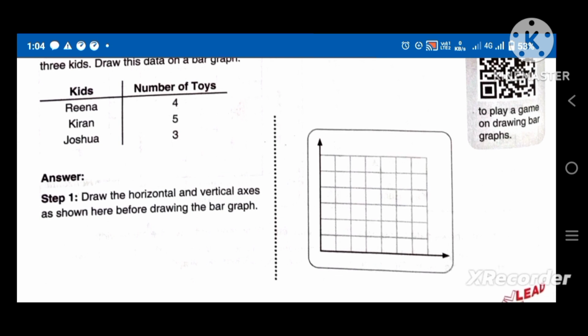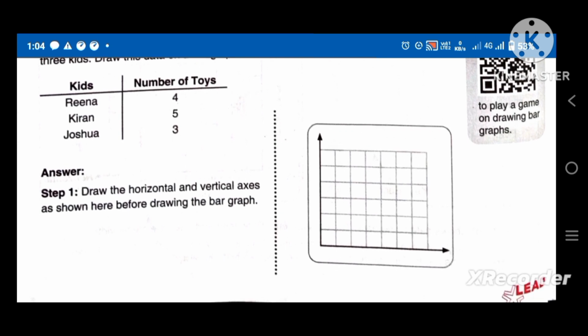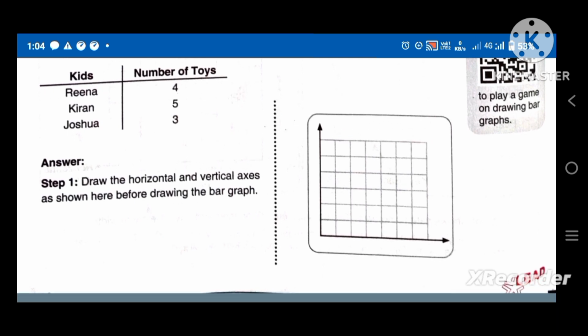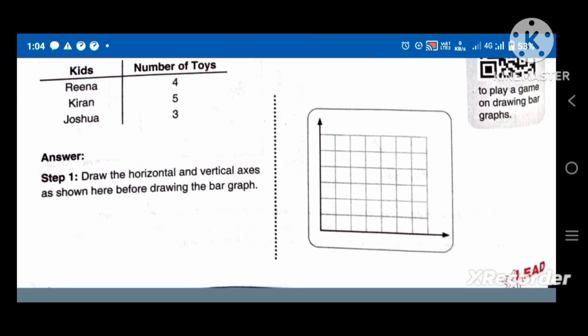Kids: Reena, Kiran, Joshua. Number of toys: Reena 4 toys, Kiran 5 toys, Joshua 3 toys.